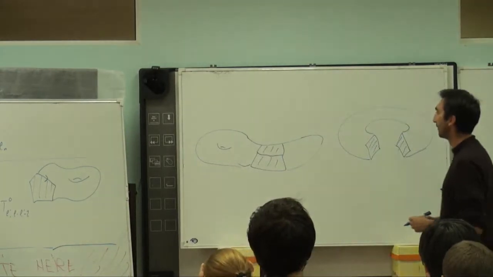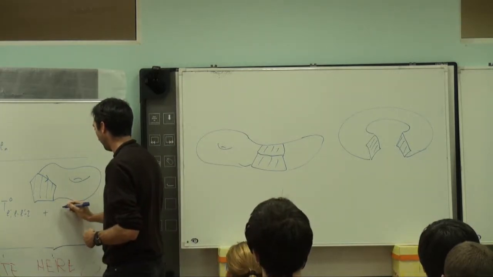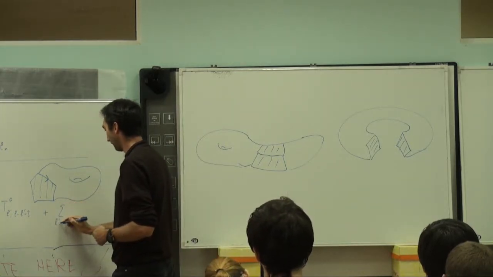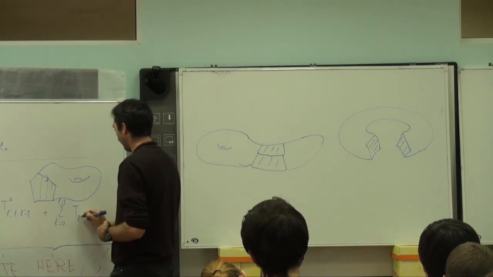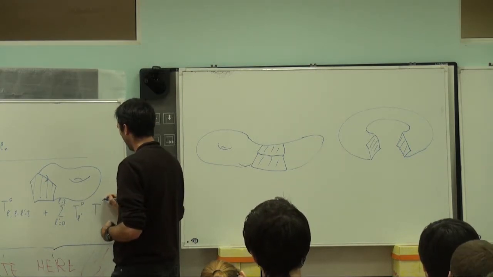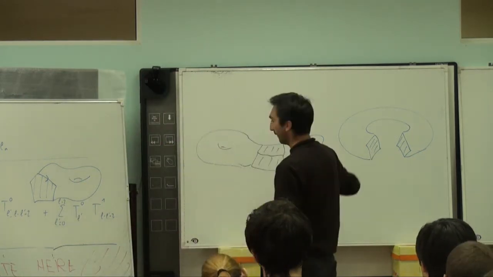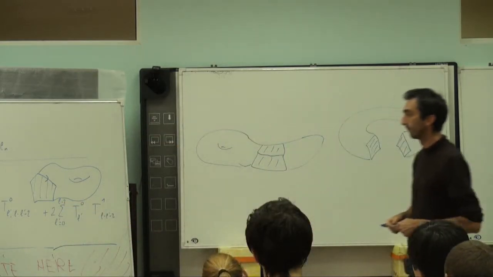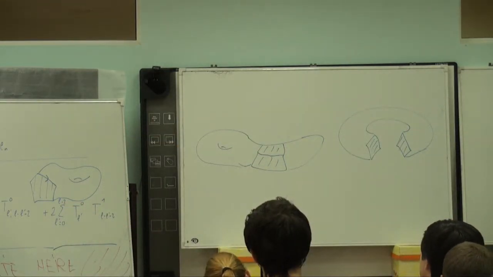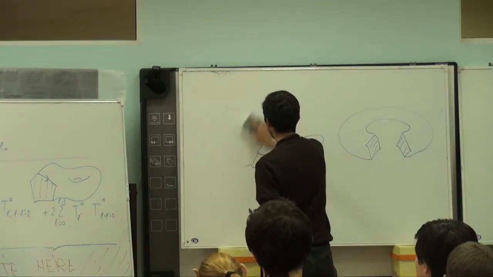Then you get plus the sum from L' equals 0 to L minus 2 of T^0_{L'} T^1_{L-L'-2}. It can be on one side or the other side, which means you put a factor 2.